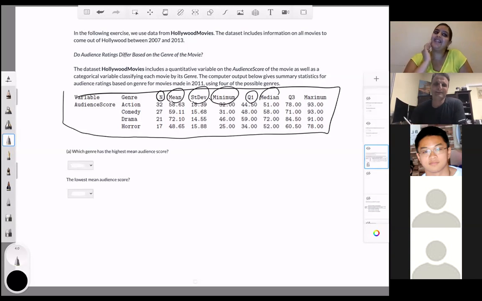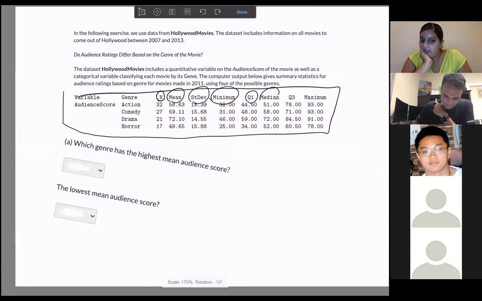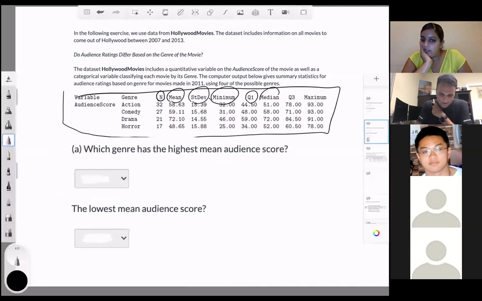I'll wait. All right. Part A. Which genre has the highest mean audience score? So we have action, comedy, drama, and horror movies.